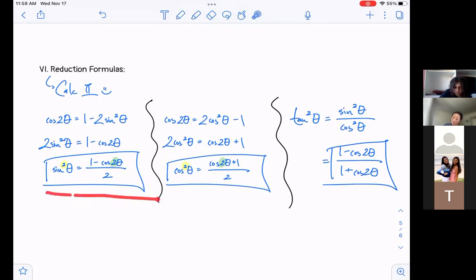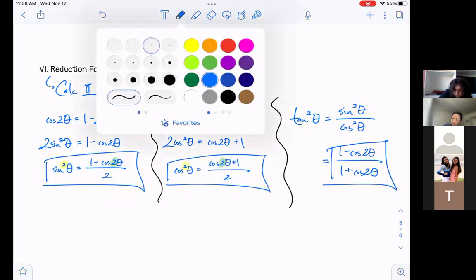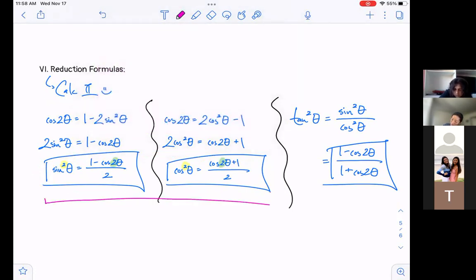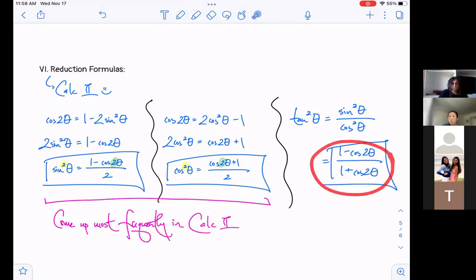So these formulas, in particular the ones for sine and cosine, come up most frequently in Calc 2. Sometimes you see the tangent one, but again, if you know sine and you know cosine, you just divide to find tangent, and that's it.